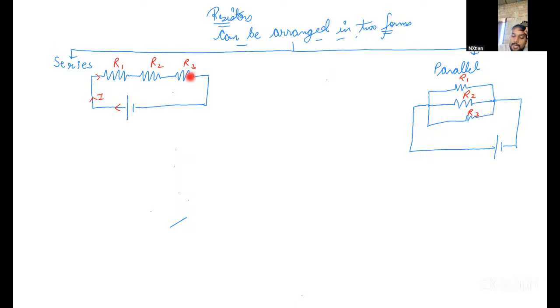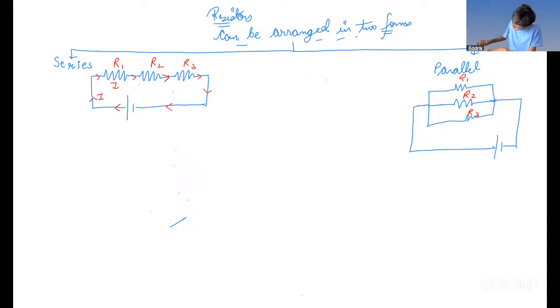Means the I will remain same. Did you understand? I will repeat it again. The current which arises from the battery, the same current will go in R1, R2, and R3. Did you understand? Yes or no?